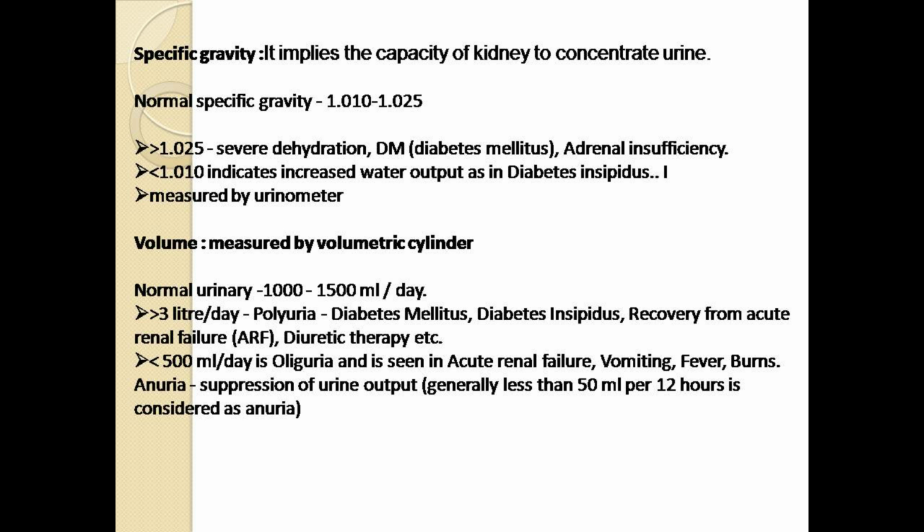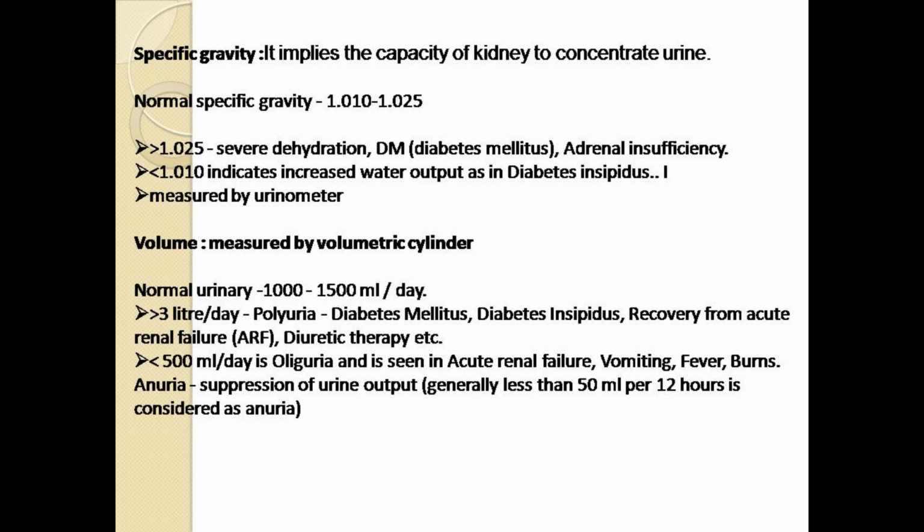If specific gravity is less than 1.010, then it indicates that there is increased water output in conditions like diabetes insipidus. The specific gravity of urine is measured by urinometer.